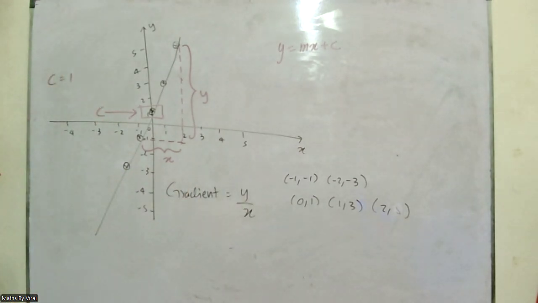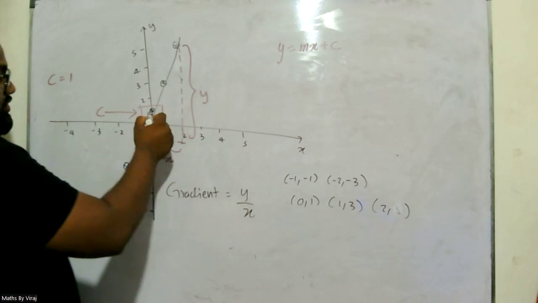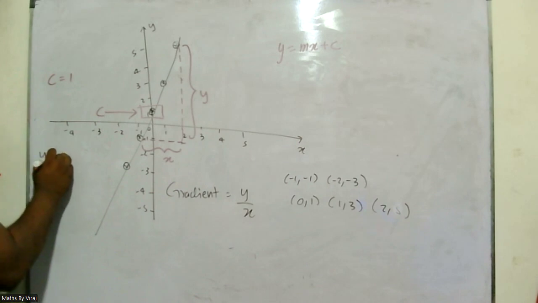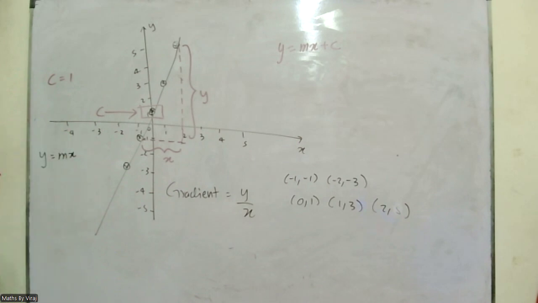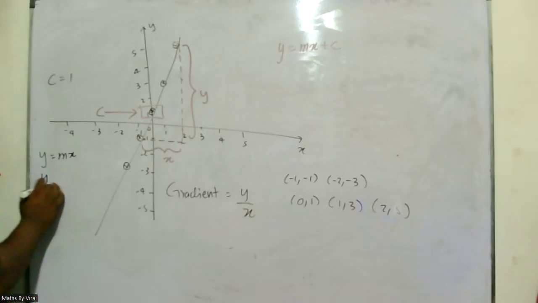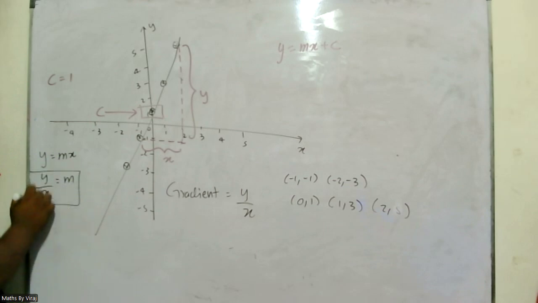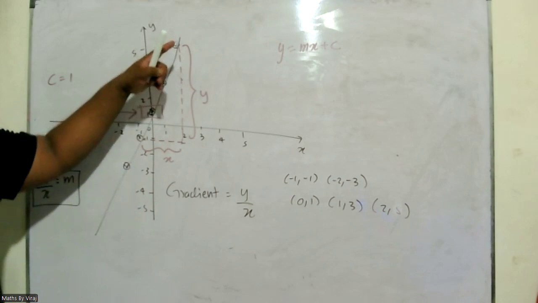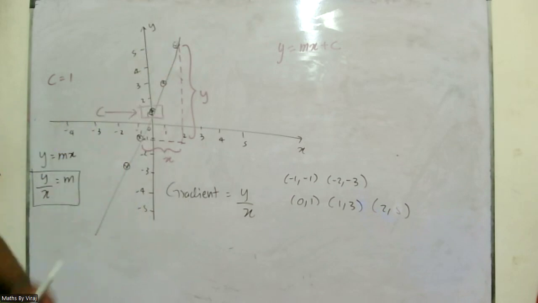If you assume that a graph was drawn that goes through the center O where c is 0, it would be y equals mx, correct? How am I to find the gradient? Simple mathematics, y divided by x is equal to m. So I can take two coordinates and find the y and the x and get the answer done.